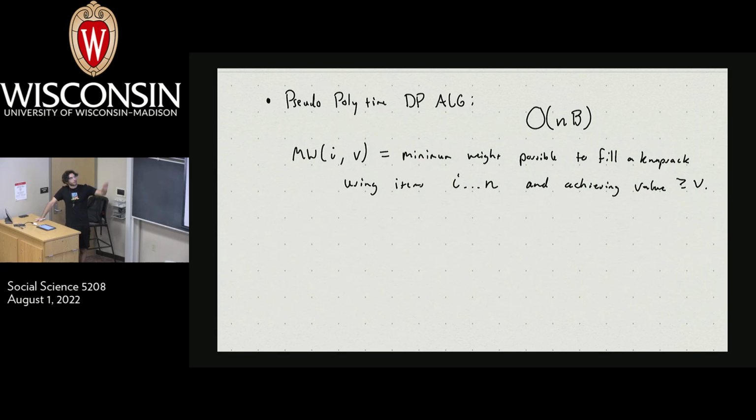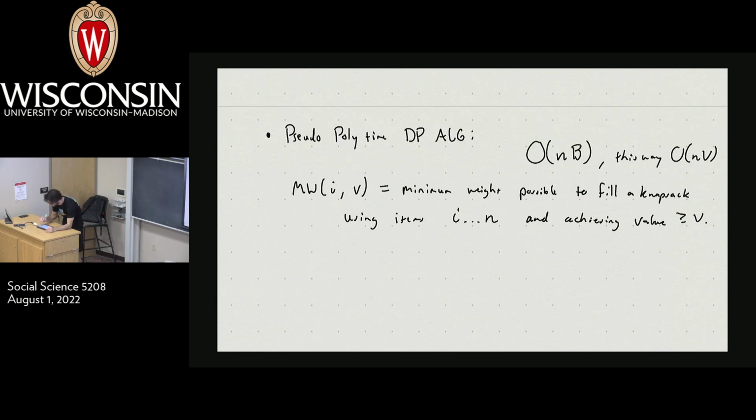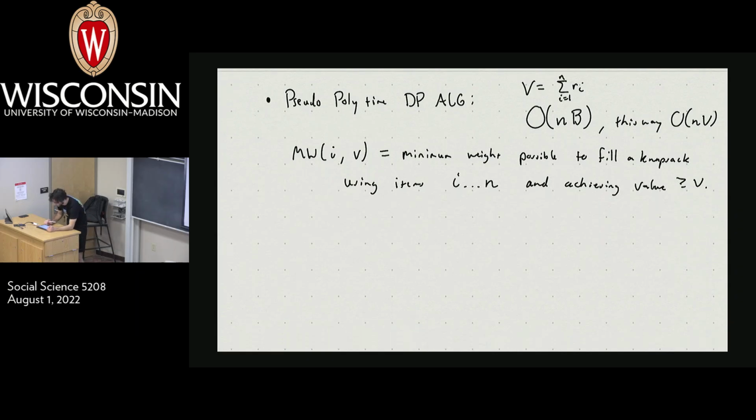Now, there's a special reason I'm doing it this way, which we're going to see. This way is going to be O of n times V, where capital V is the total reward. So V is equal to the sum from i equals 1 to n of the reward of i. So V is the max possible reward we could get. But we're going to do it this way.